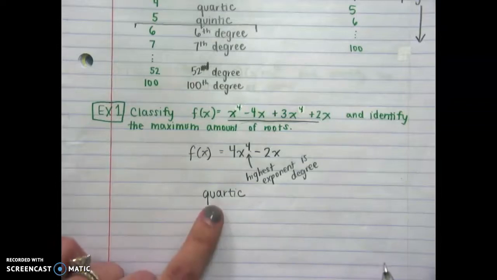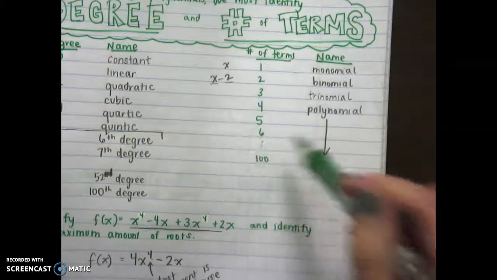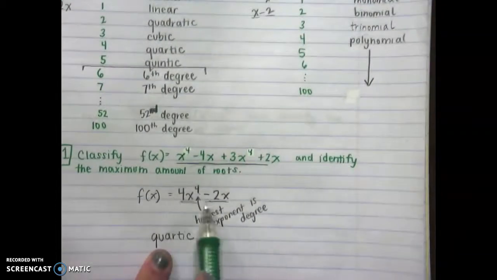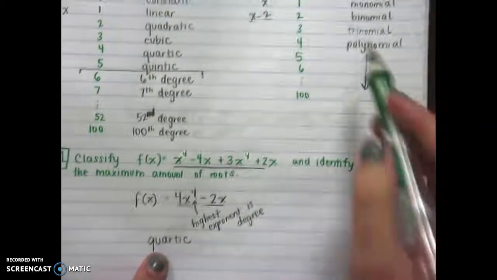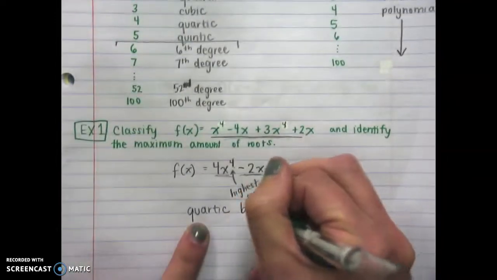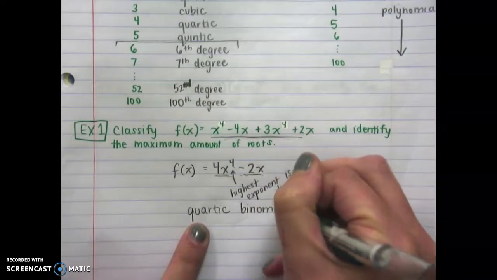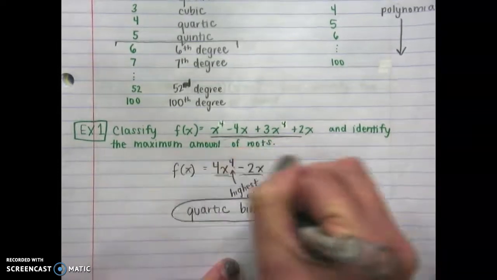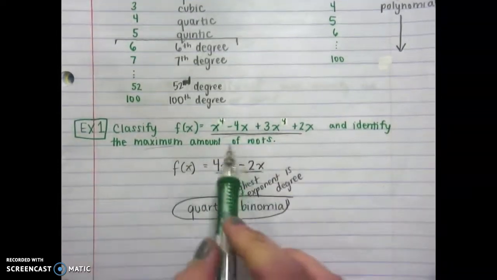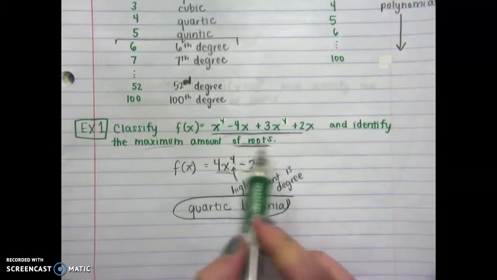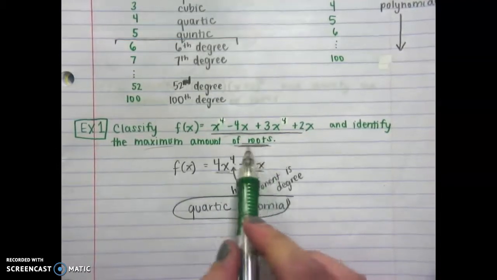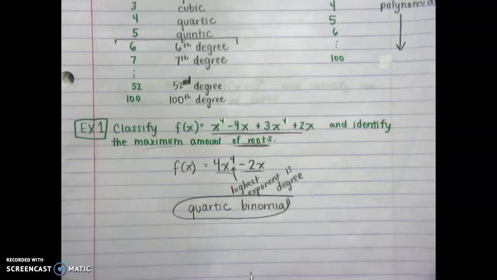And then the second part of the classification would be the number of terms. And we have 2 terms for this polynomial, so that would be binomial. So my classification would be a quartic binomial.